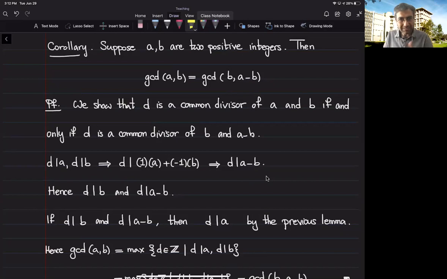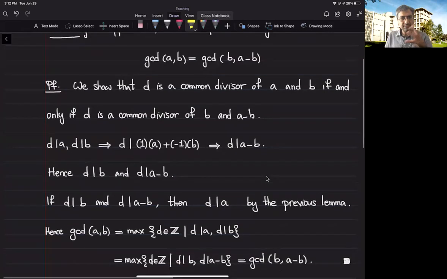If we show that the set of common divisors of the first pair of integers and the set of common divisors of the second pair are the same sets, of course their maximum would be the same. So that's going to be our aim. We start with a common divisor of A and B. We show that it is a common divisor of B and A minus B and vice versa. Therefore, these pairs have the same set of common divisors.